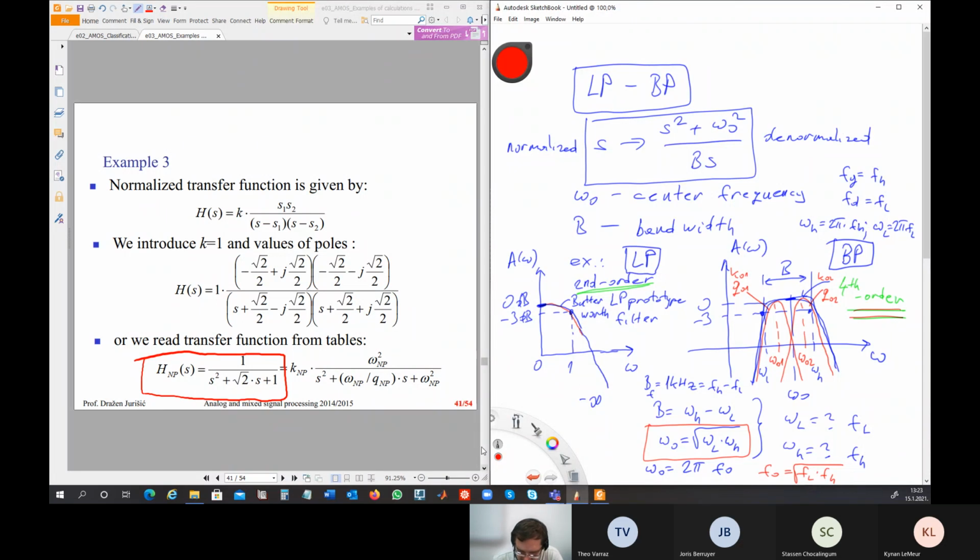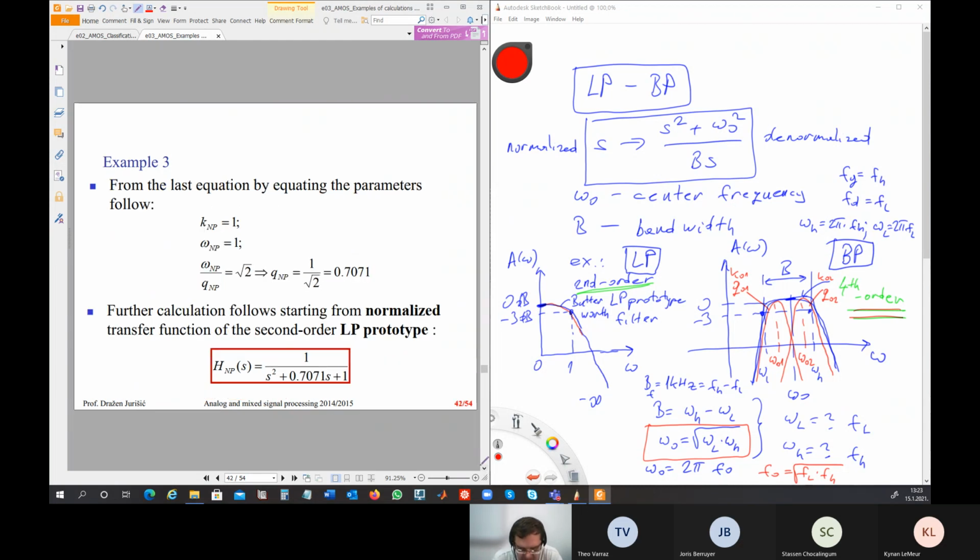Now we have to find omega of this low-pass prototype, Q of this low-pass prototype, and K. Here they are. So we start our design from the second order Butterworth low-pass prototype filter. And we must have the fourth order bandpass filter with the bandwidth B and central frequency omega 0.